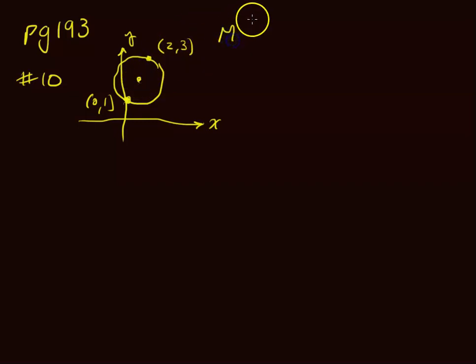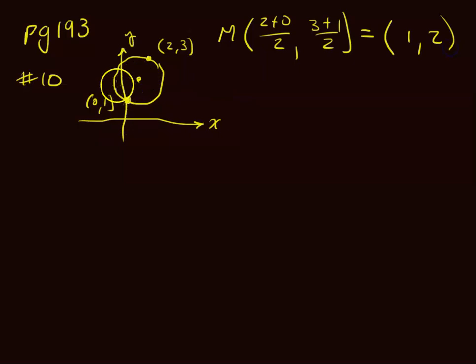So what is the midpoint? 2 plus 0 over 2, and 3 plus 1 over 2, which is the center, h, k, 1, 2. Does that make sense? Yeah, it really does. So h, k, the center, is 1, 2.